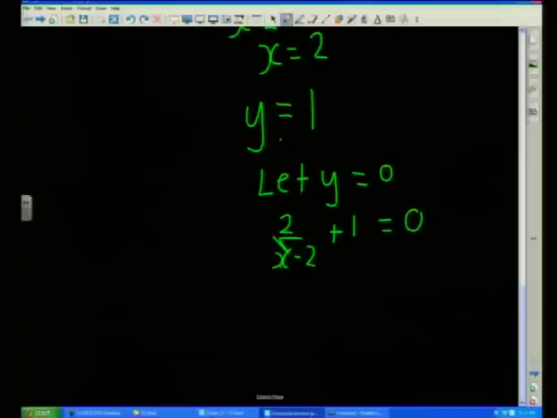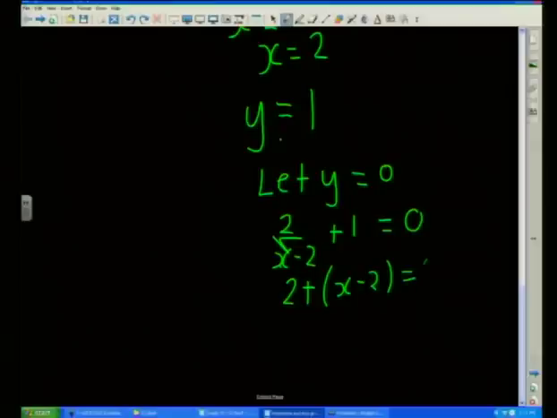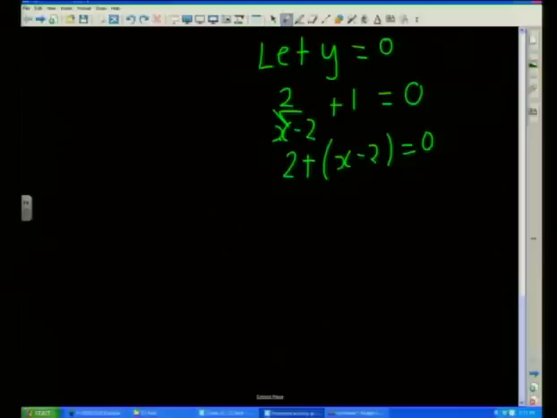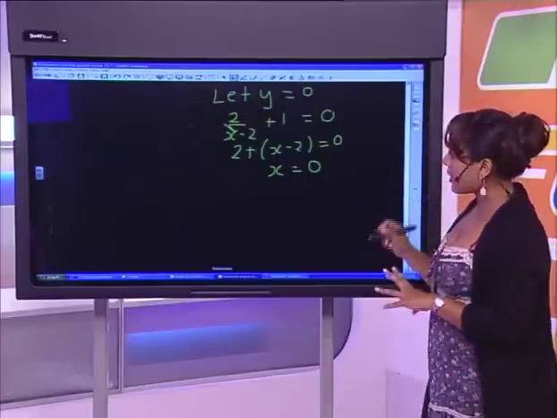Let's solve this equation. We're going to multiply by the denominator, and when you simplify this, you're just going to get 2 minus 2, which is 0. So x is equal to 0 is your x-intercept.